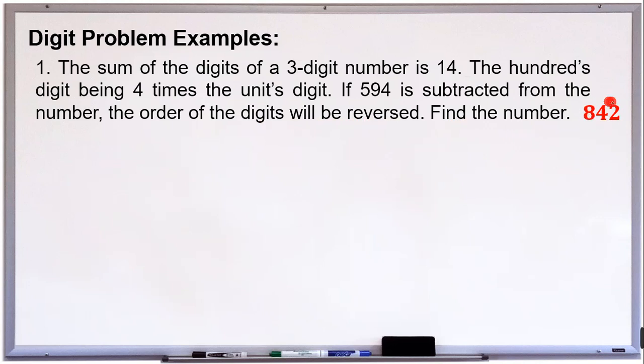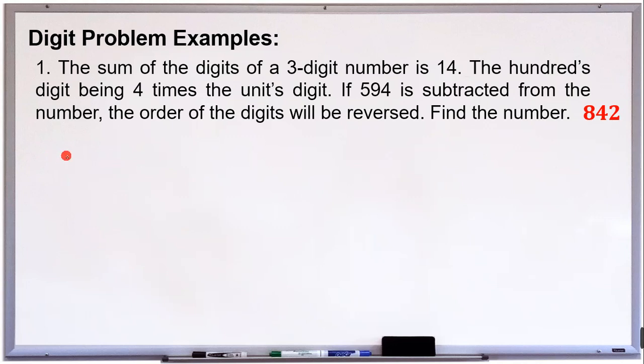So how are we going to get 842? If we have a digit problem, your technique in analyzing it is, again, to make sure to identify how many digits are perceived by the problem.